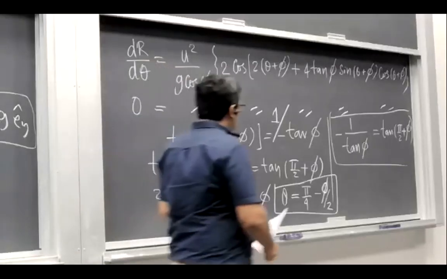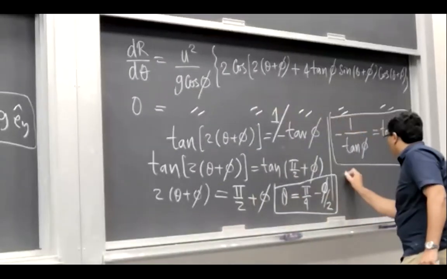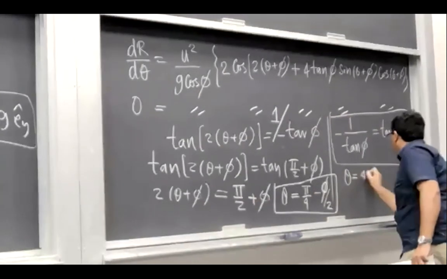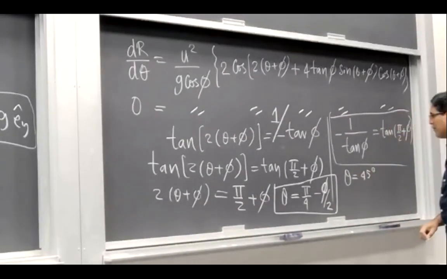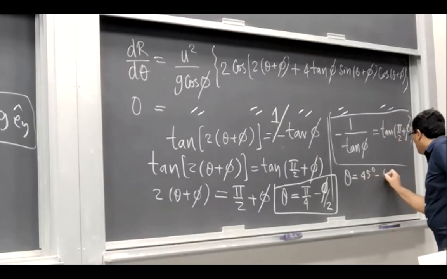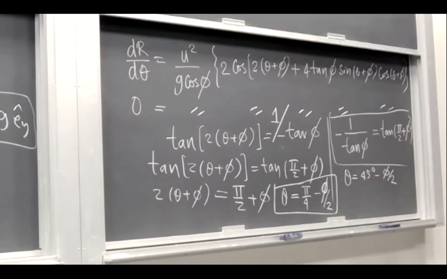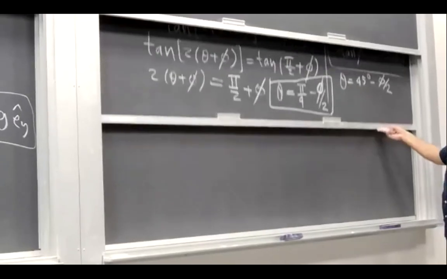ठीक है. So pi by 4 is nothing but 45 degrees. Okay, and then we have the half of the phi angle. So this is the theta which maximizes the range. But let's look at what that means in the picture.